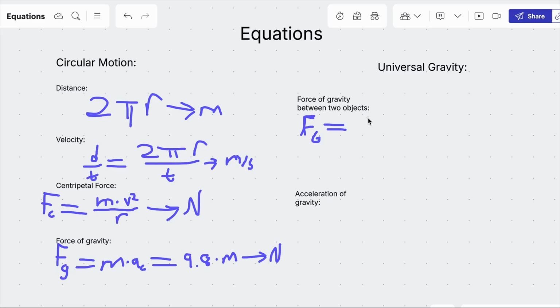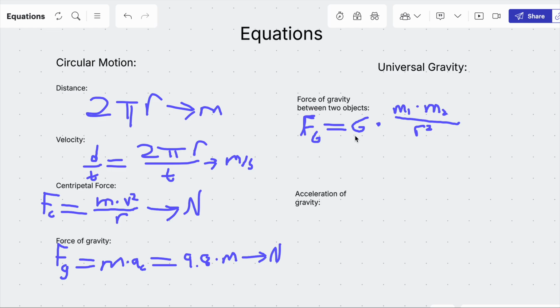That's going to be our gravitational constant, which I'll talk about in just a second, times the mass of object 1 times the mass of object 2 divided by radius squared.